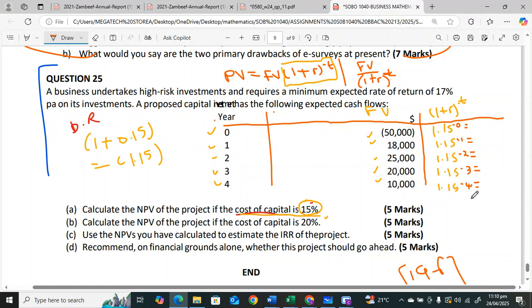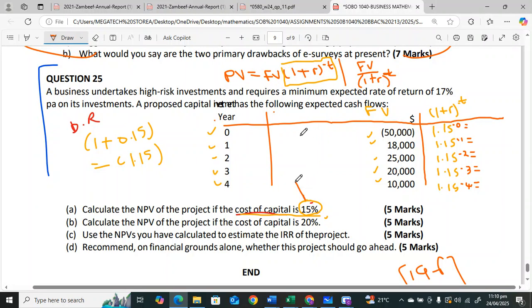Discount rate. It's not 15% of anything. You get the 15% in this formula for present value plus future value, 1 plus r.